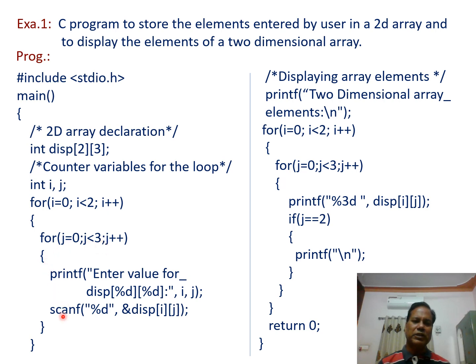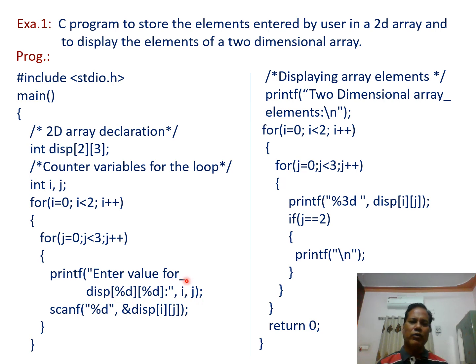So the body of this inner for loop is executed, and in the body, printf "enter value for %d %d". Whenever the control string %d comes, the compiler searches for the variable. So the variable values i and j are 0 and 0.